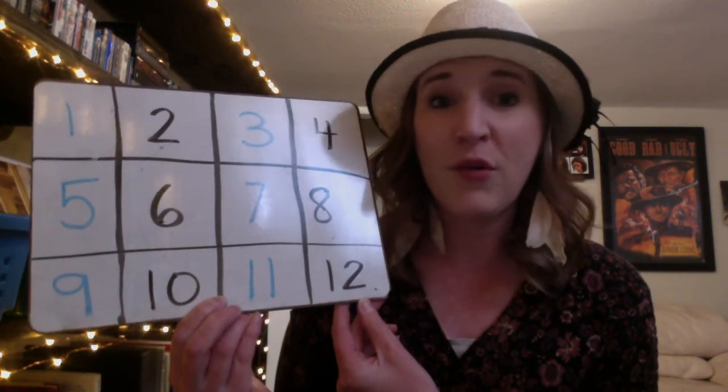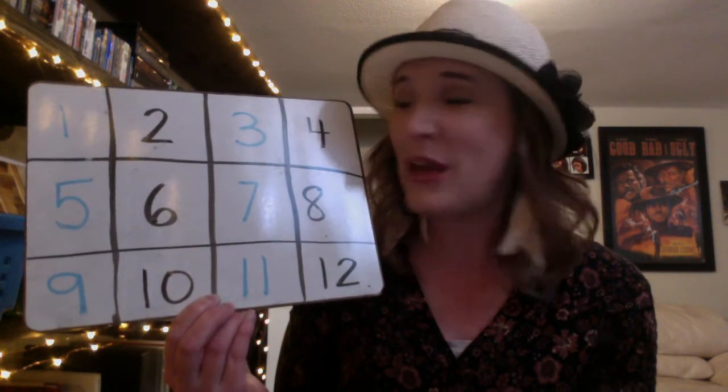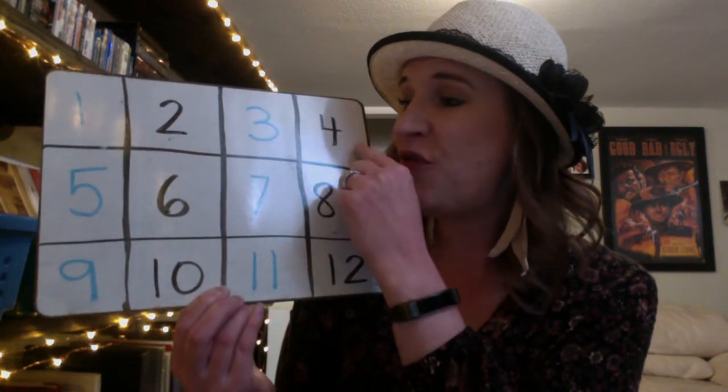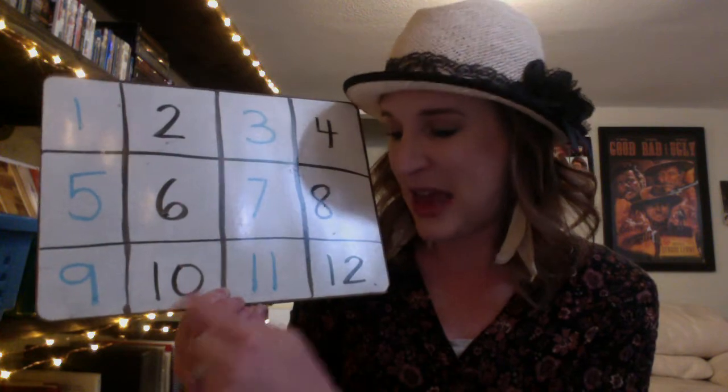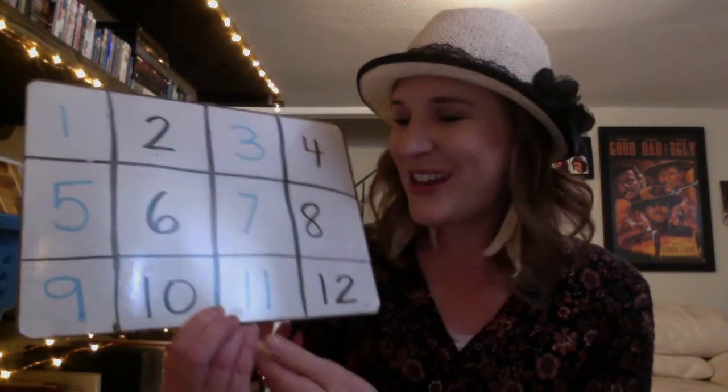Okay, let's go ahead and try counting by twos all together, and I'm going to point to the numbers. Ready? Here we go. 2, 4, 6, 8, 10, 12. Good job. Okay, now I want to teach you some words that we use when we're talking about numbers.